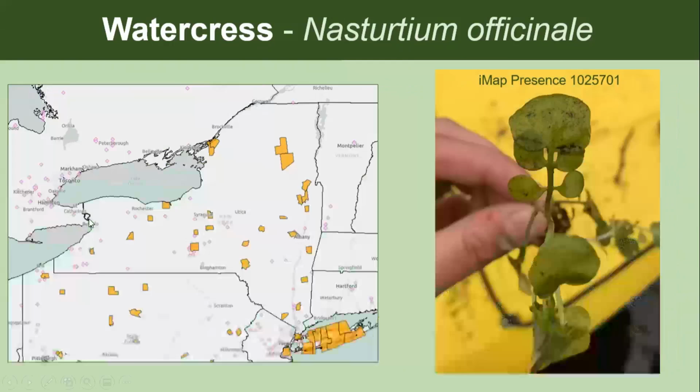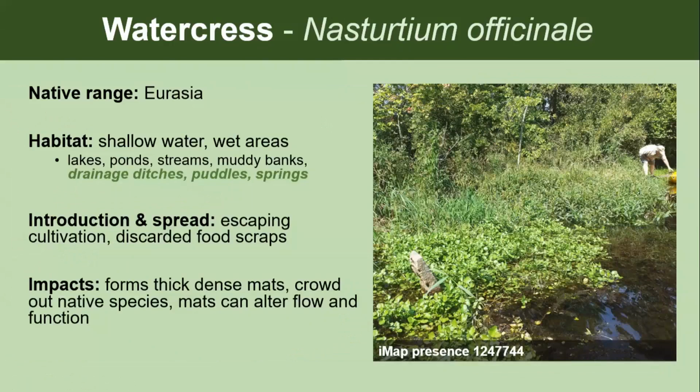This is the same watercress that you can eat that you might find at the grocery store. So that might be part of how it's spread, escaping cultivation or from discarded food scraps. But it forms these dense mats, crowds out native species, alters flow, etc.